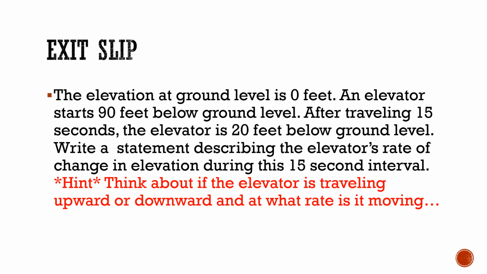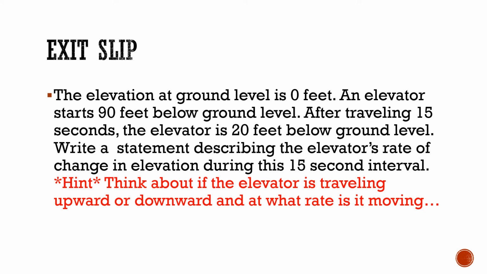It says the elevation at ground level is 0 feet. An elevator starts 90 feet below ground level. Okay, so they're at negative 90. After traveling 15 seconds, the elevator is 20 feet below ground level. So you need to think about that scenario for just a minute and think about, is the elevator going up or down?